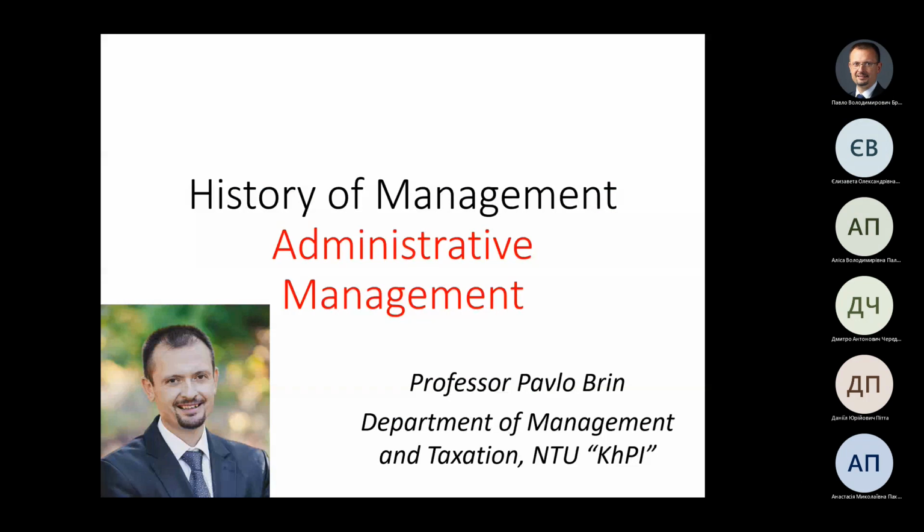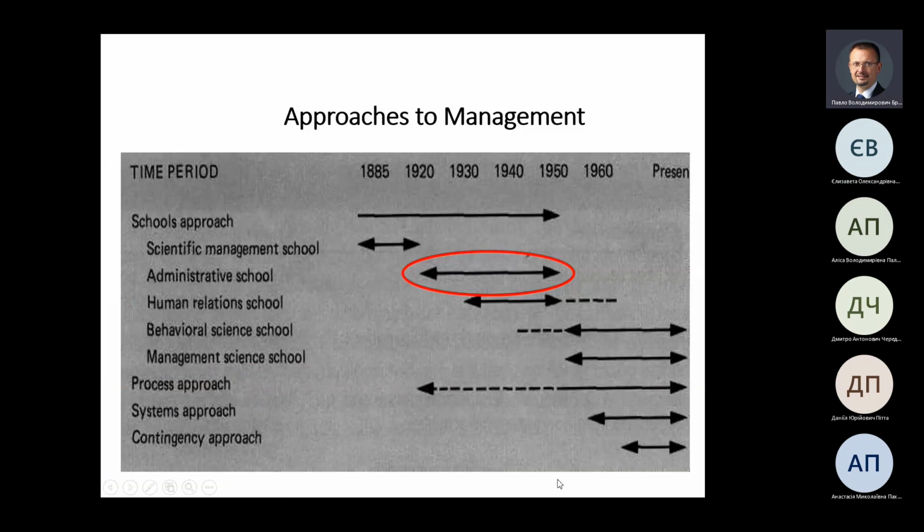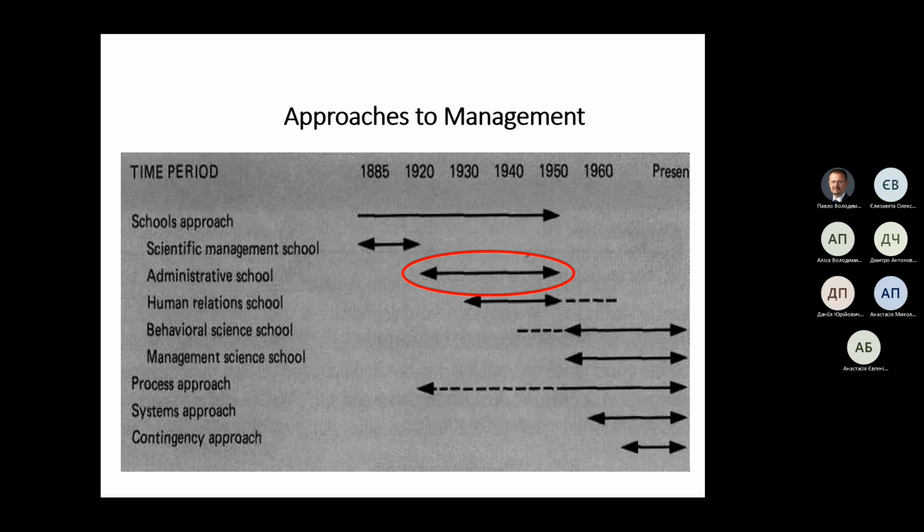Okay. So, last time we spoke about the scientific management school. You might remember Frederick Winslow Taylor, Frank and Lillian Gilbreth, and Gantt. What was the main characteristic of the scientific management school?